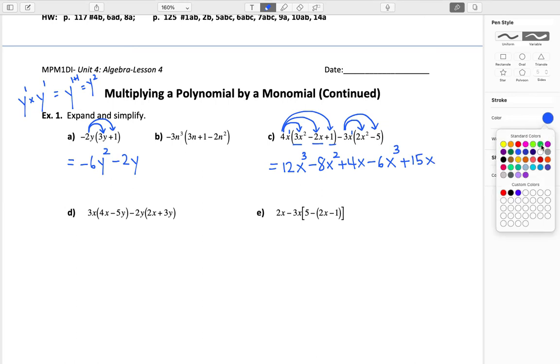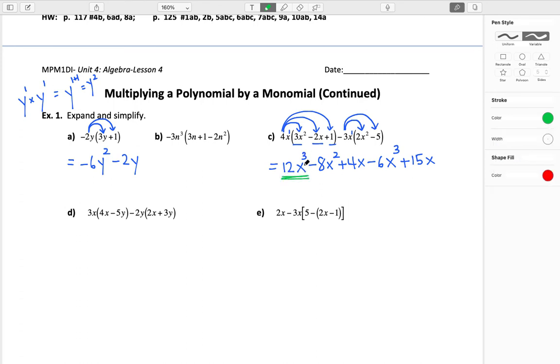Now that I've done the distributive property, we are going to collect the like terms. So we have 12x cubed, which is a like term with negative 6x cubed. And then we have negative 8x squared, but there's no other x squared, so that's the only like term.